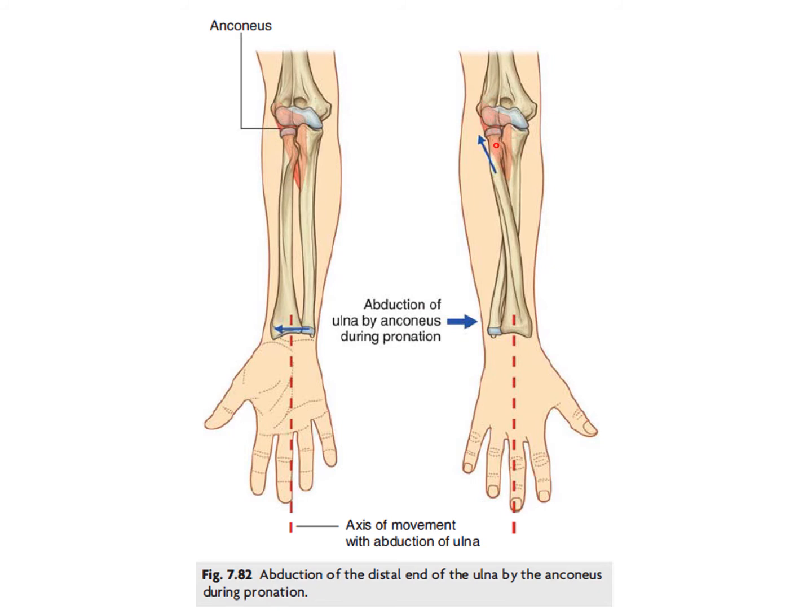So by contraction of anconeus, the ulna moves a little toward the lateral side. But the major movements take place at the lower end of the radius.